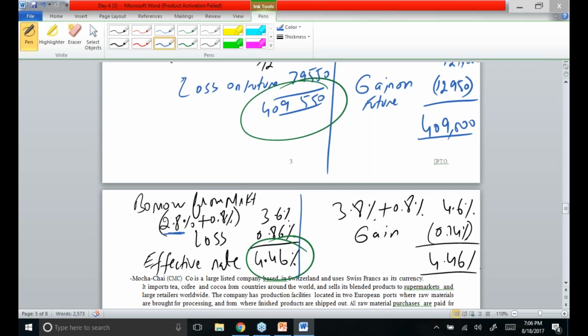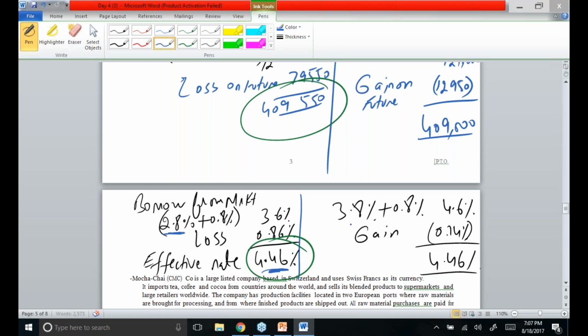And on derivative, you had a loss of 0.86%. So you are going to pay 3.6% to the lenders and 0.86% to the derivative market. So your effective cost is 4.46%.